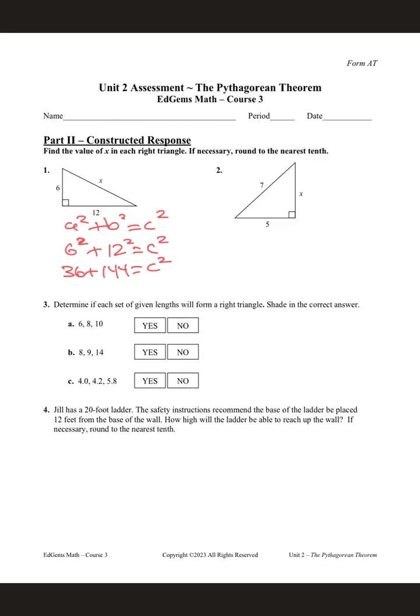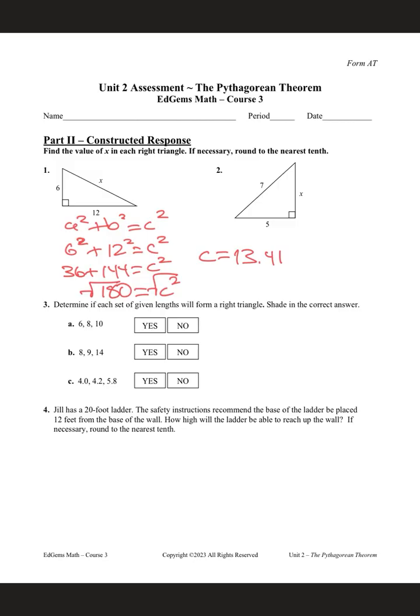So let's go ahead and simplify the left-hand side of our equation. So 36 plus 144 is 180, and that's equal to C squared. Okay, so let's find the value for c by taking the square root of both sides. So when we do that, we get c equals, and when I find the square root of 180, I get 13.41.